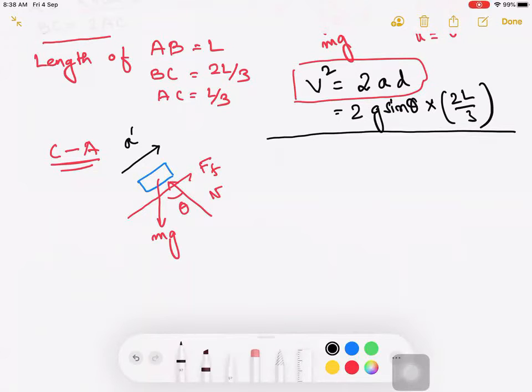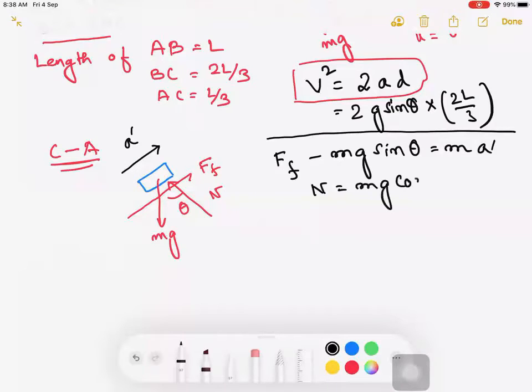In the upward direction, the net force would be the frictional force minus mg sine theta. That must be equal to the mass of the object times acceleration. We must also have N equal to mg cos theta.